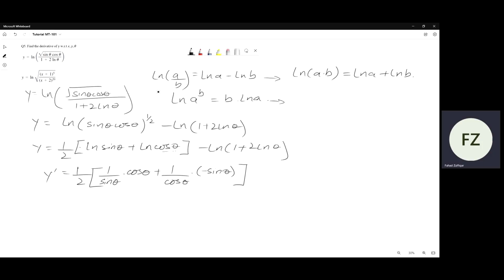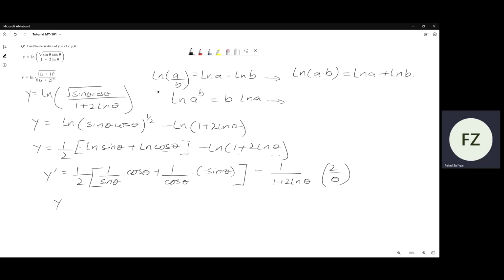And then we have minus the derivative of 1 plus 2 ln theta, which is 1 over 1 plus 2 ln theta dot the derivative of the internal function, and that is 2 by theta.